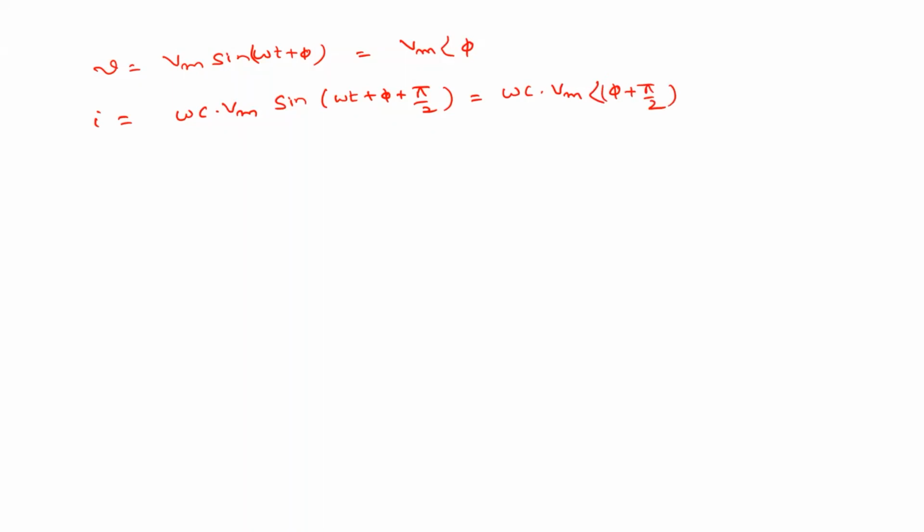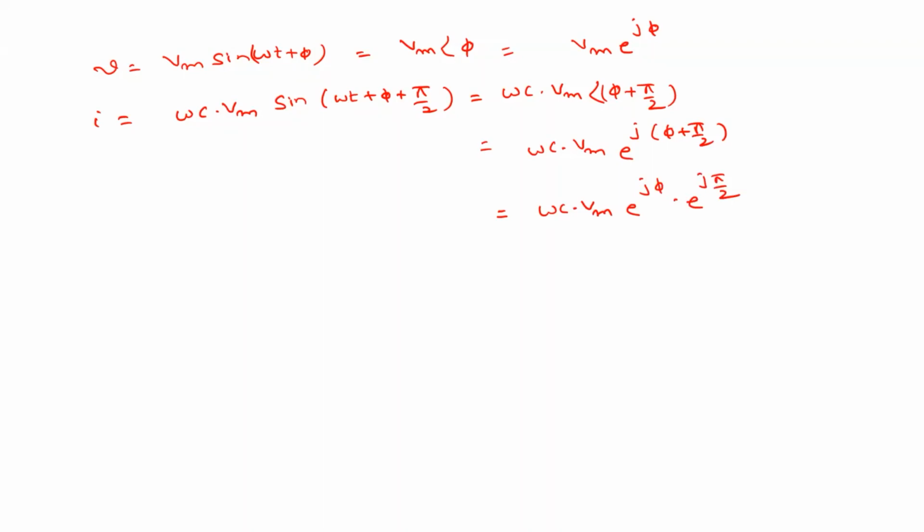This can be written as Vm e to the power of j phi, and omega C Vm e to the power of j phi plus pi by 2, which is omega C Vm e to the power of j phi into e to the power of j pi by 2.